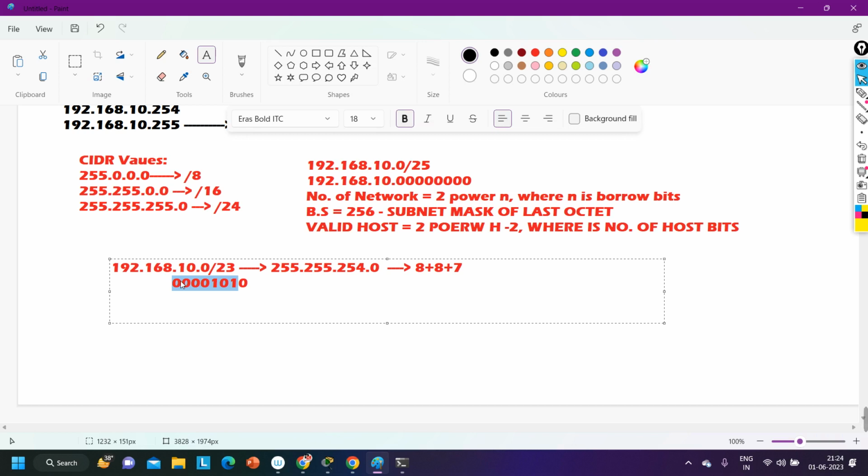So we are going below, brother. But sir, CIDR basically means classless. But we cannot use less than /24 for class C, or less than /16 for class B. We can't go below the default value. So it is /25.